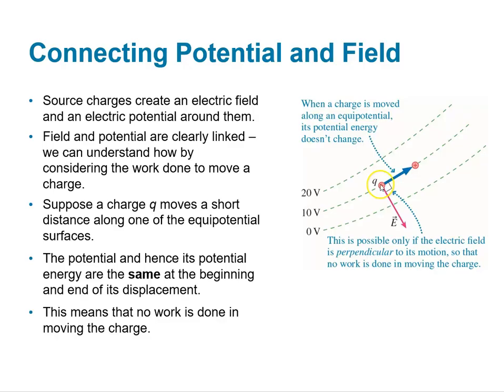The potential energy here is the same as the potential energy here. So there's no change in potential energy, therefore no work is done moving a charge from this point to this point. Now, you will have also learned in the lab that the electric field is perpendicular to the equipotential lines.